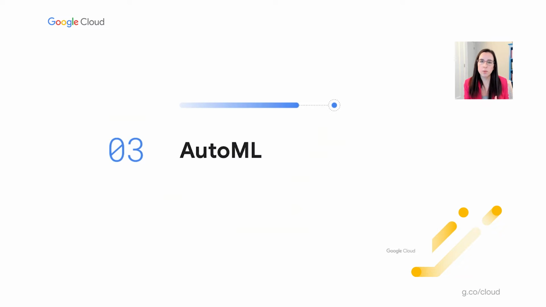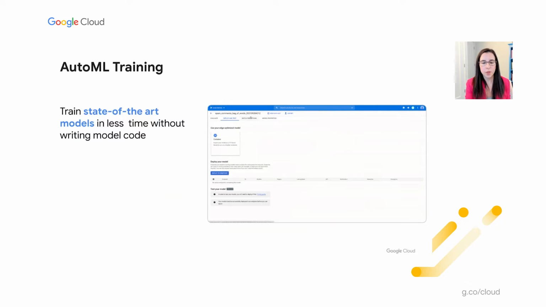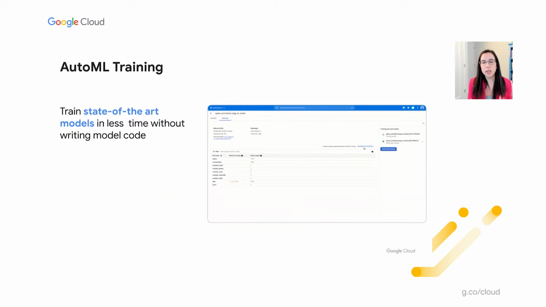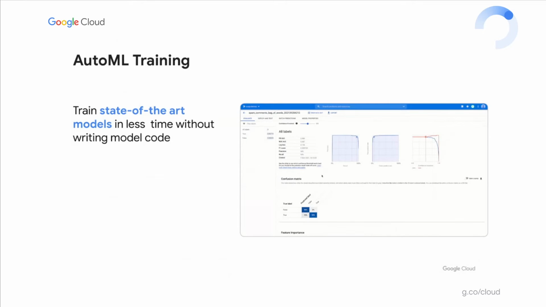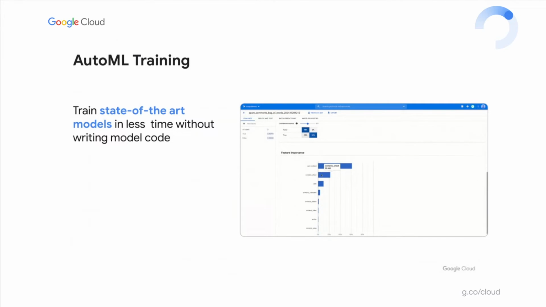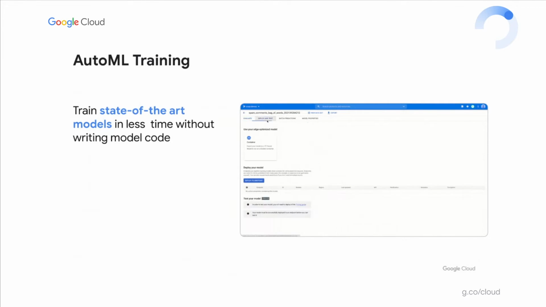So now we'll look at AutoML on Vertex AI. What AutoML training provides is it gives you access to state-of-the-art machine learning models without requiring you to write any model code at all. So you upload your data, you select one of the prediction tasks that I showed on a previous slide, and then all you do is press a train button.